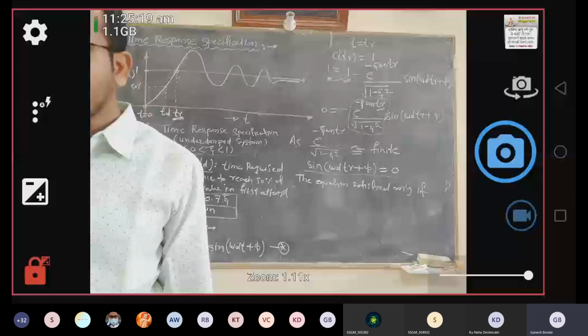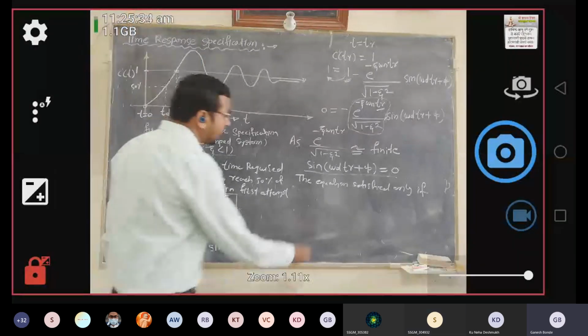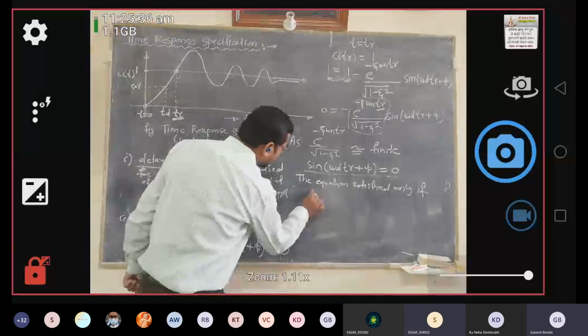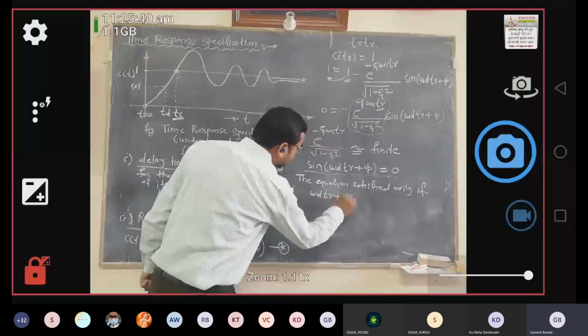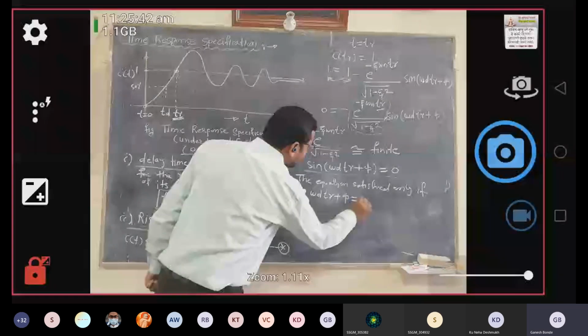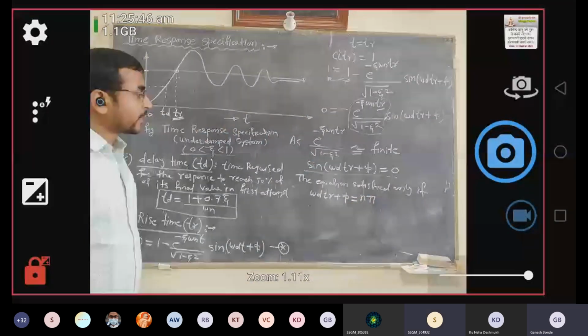So that means omega d TR plus phi is equated to n pi, and then this condition is satisfied. Therefore this term omega d TR plus phi is equal to n pi in general.